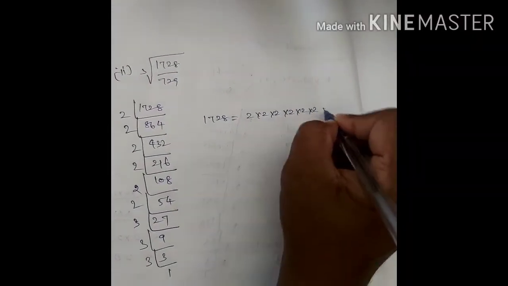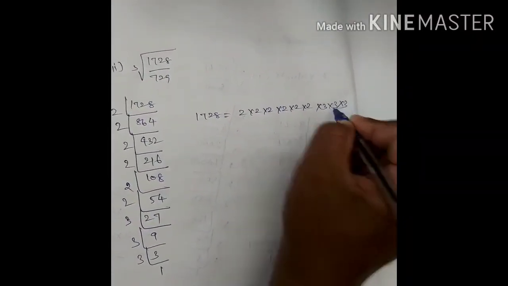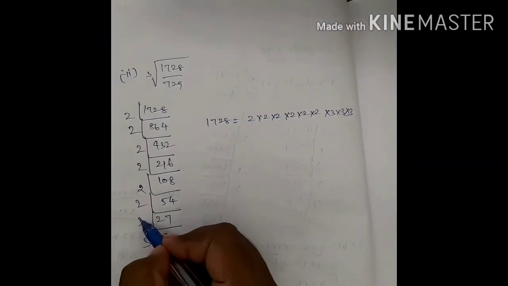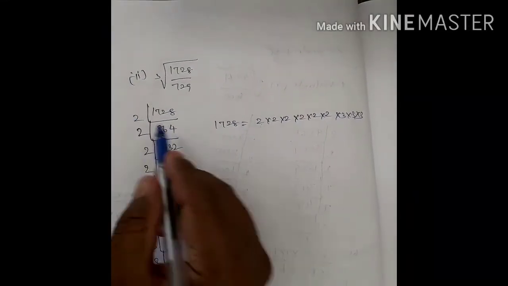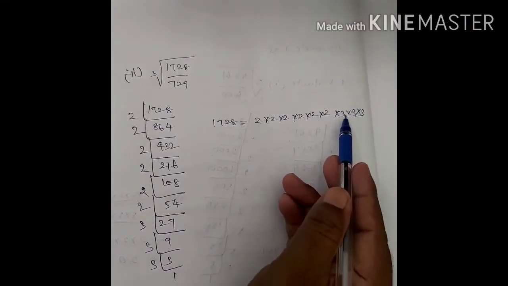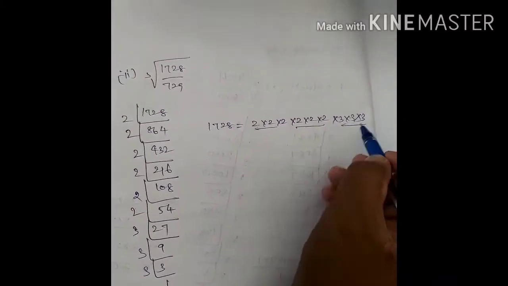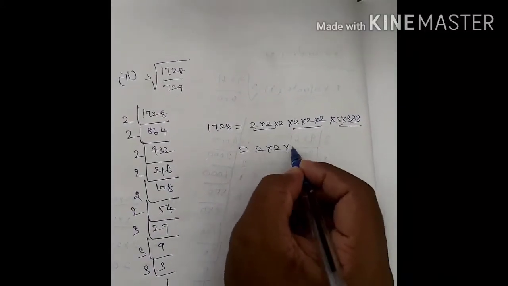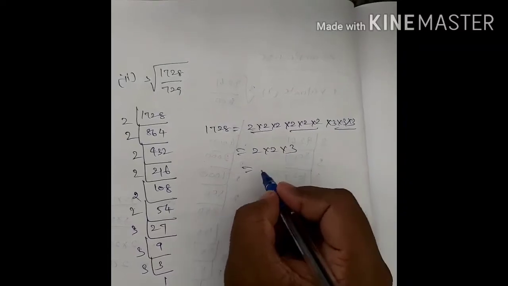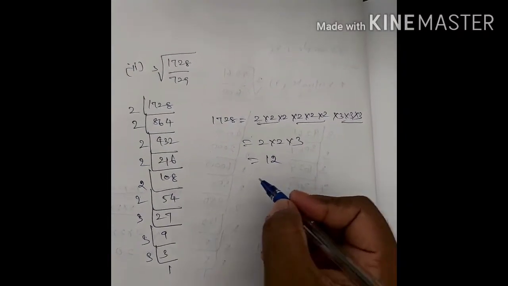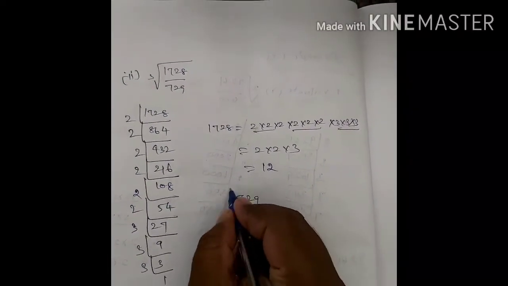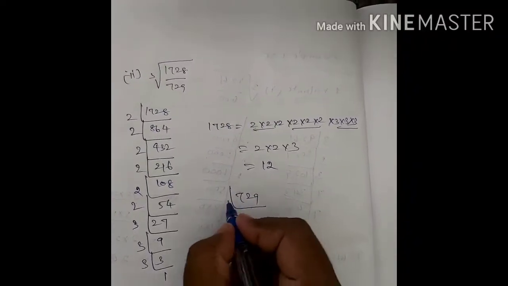So 1728 equals 2 multiply 2 multiply 2, 2 multiply 2 multiply 2, 3 multiply 3 multiply 3, so 3 sets coming. So 2 multiply 2 multiply 3 equals 12.